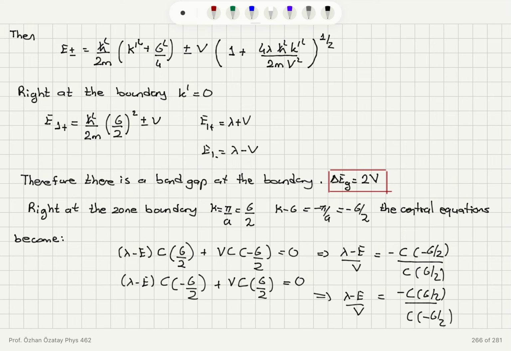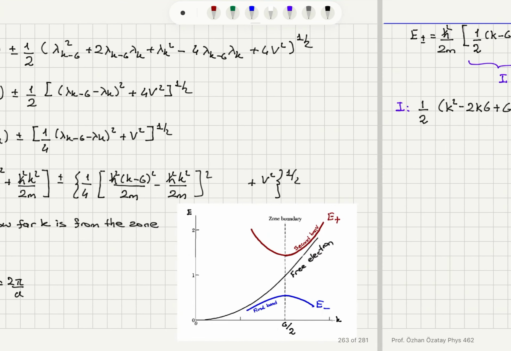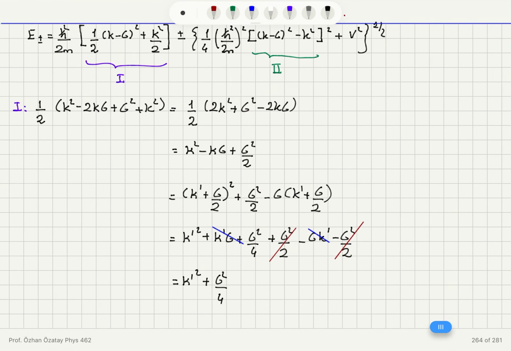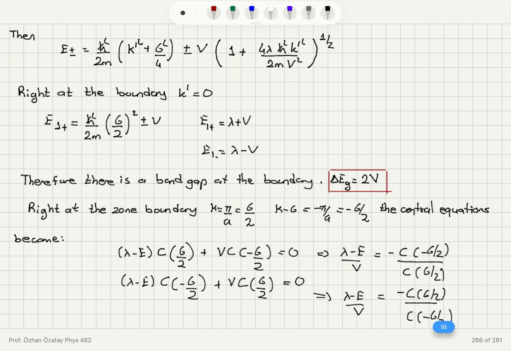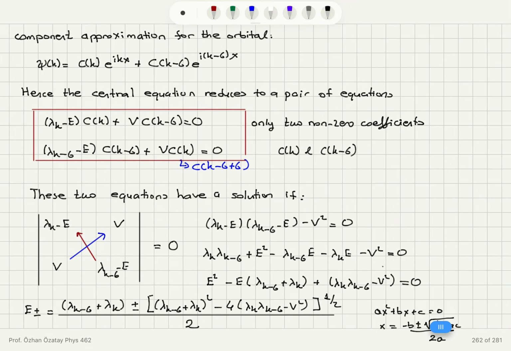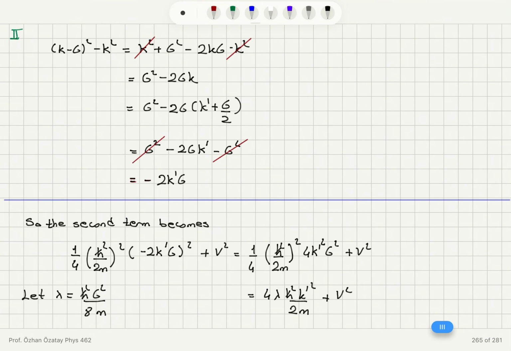And right at the zone boundary, when k is equal to pi over a or g over 2, k minus g is minus g over 2. The central equations give me, if I go back to the central equations, lambda minus e times c of g over 2 plus v times c of minus g over 2 here.